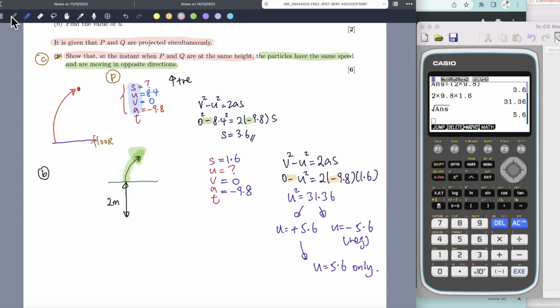So let's start with the particle that's 2 meters above the floor. Where this is the floor, the particle would have gone up and maybe it had gone down. Why do I know that it had gone down? Because this is what I'm trying to show.